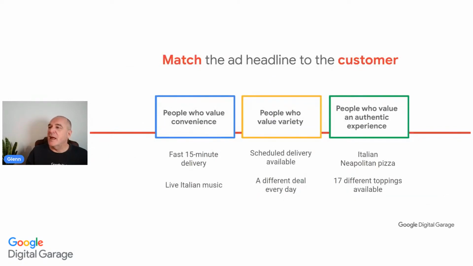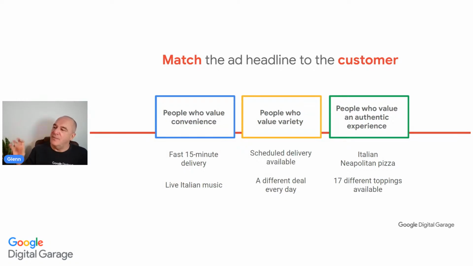So let's again have a look at matching the ad headline to the customer. So again, this is from the pizza example that we had. So if we're targeting now the people who value convenience, what are those options on the screen we're going to use? If we're targeting people who value the variety, then what are we going to use? And then if we're valuing people who like that authentic experience, which of those are we going to match?